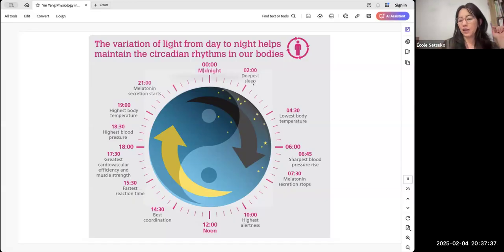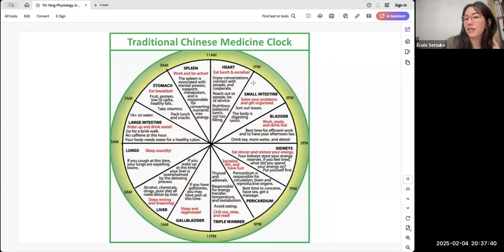So this is a circadian rhythm. In Chinese medicine, we have something called the body clock. Again, the same 24-hour clock, but this time we're looking at it through the meridians. I like to start here at 3 a.m. Between 3 and 5 is the energy of the lungs.